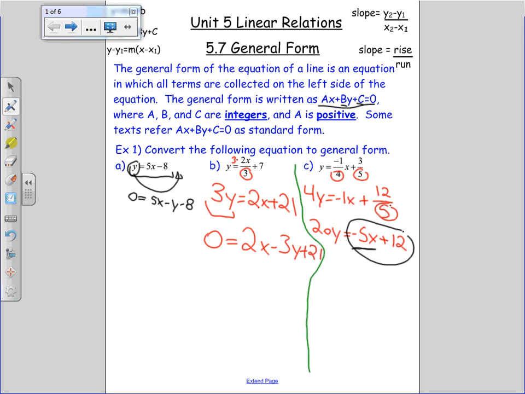So we want to add 5x to both sides. And we want to subtract 12 from both sides. And it's equal to 0. If you write something in general form, it always has to be equal to 0.